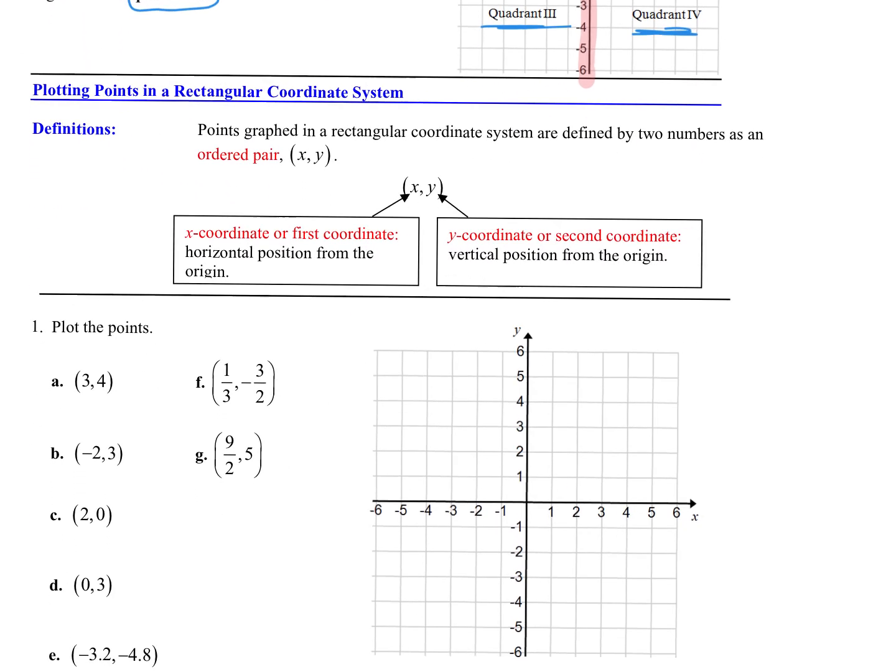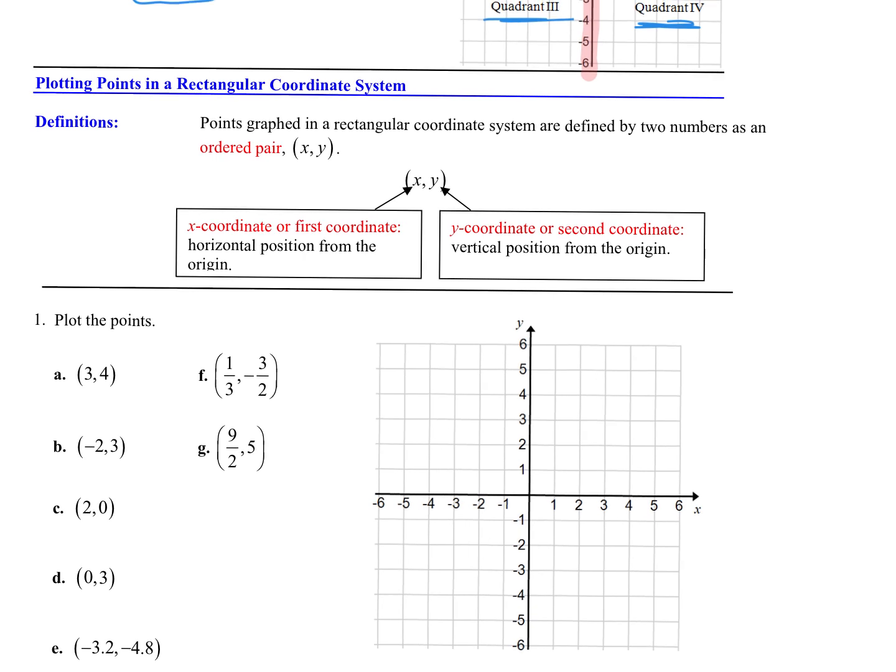So to plot points on a rectangular coordinate system: points graphed in the rectangular coordinate system are defined by two numbers as an ordered pair, (x, y), where x represents the x-coordinate or first coordinate, which is the horizontal position from the origin.